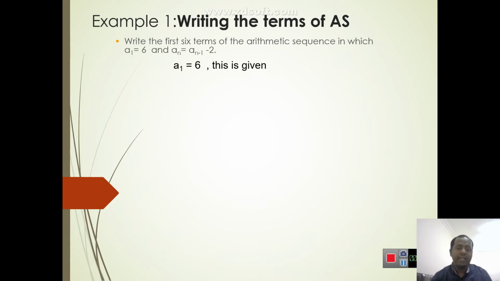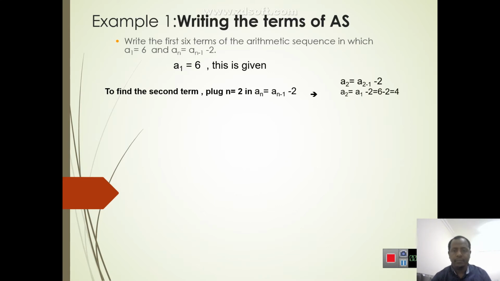To find the second term, we need to plug 2 in for n in the recursive formula. We get a2, the second term, is a1 minus 2, which is 6 minus 2, equal to 4.